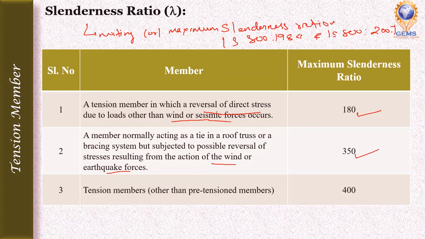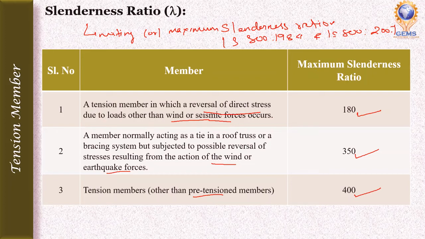Then for any other tension member, except a pre-tensioned member, its maximum slenderness ratio will be 400.